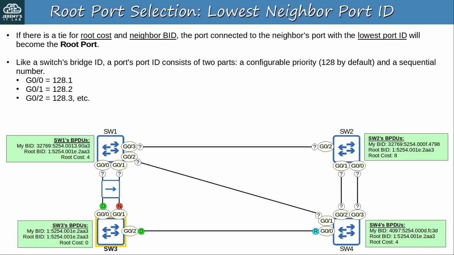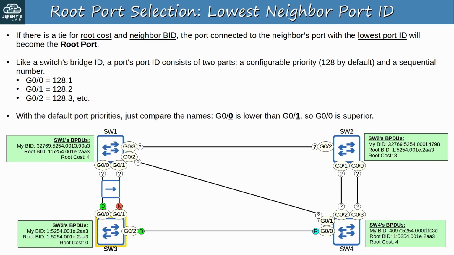For example, G00's port ID would be 128.1, G01's 128.2, G02's 128.3, etc. With the default port priorities, you can just compare the port names. For example, G00 is lower than G01, so G00 is superior.